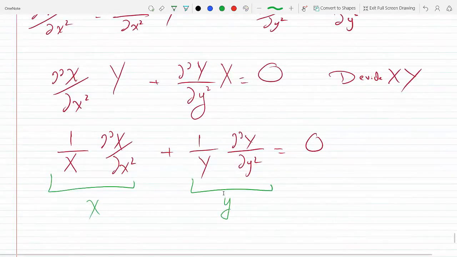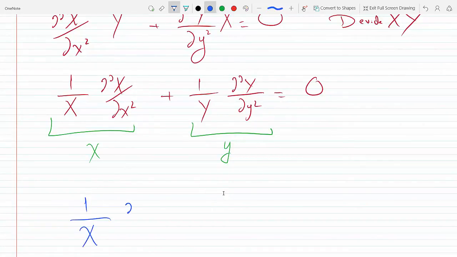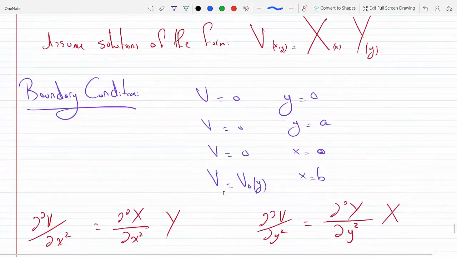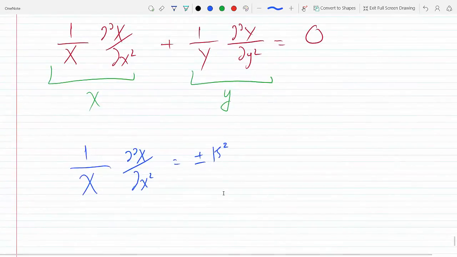But the question is, now I have to look at the boundary condition to get some information. So let's say I take the first equation. What do I call this? Do I call it a positive constant or a negative constant? Is it plus k squared or minus k squared? Well, here you make an informed decision according to what the boundary conditions are, because you know what kind of solutions you will get out of this.